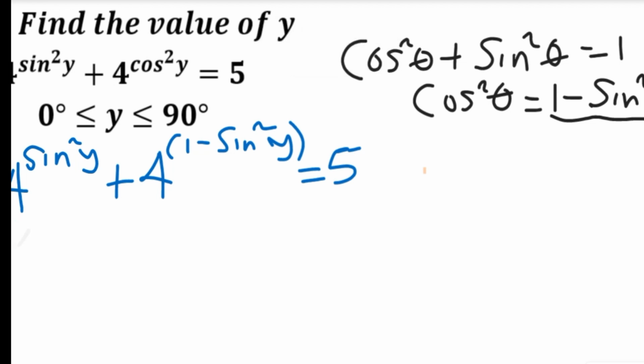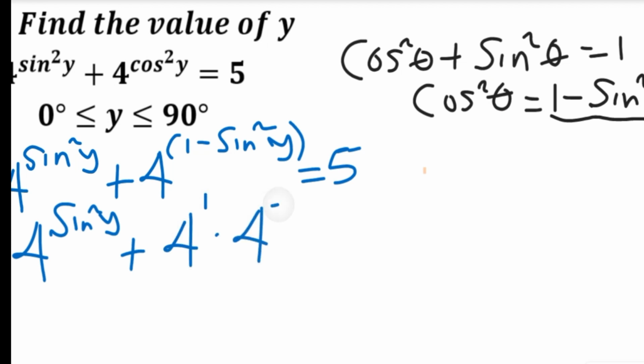The laws of indices give us the opportunity to simplify. So we'll have 4 to the power of sine square y plus, according to the power rule of indices, 4 to the power of 1 multiplied by 4 to the power of minus sine square y, and this will be equal to 5.